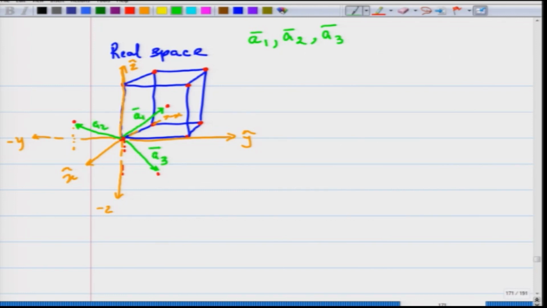a1, a2, a3 are actually your primitive vectors for the body centered cubic lattice, and you can write these vectors as follows.